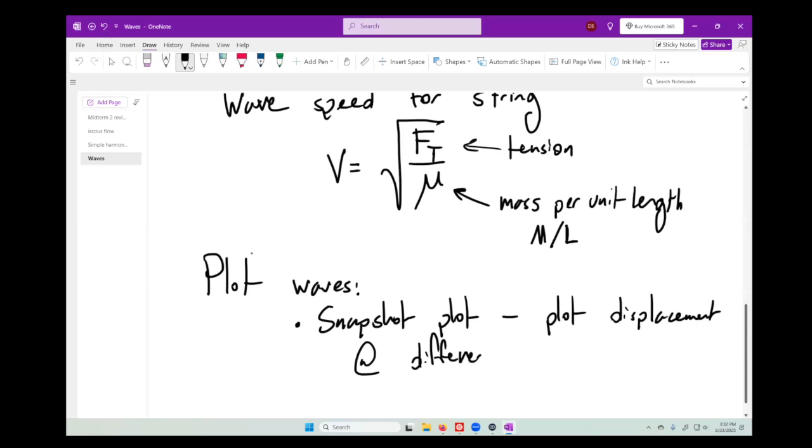We can plot the displacement of our string, or the displacement of the wave, at different positions at a single instant in time.